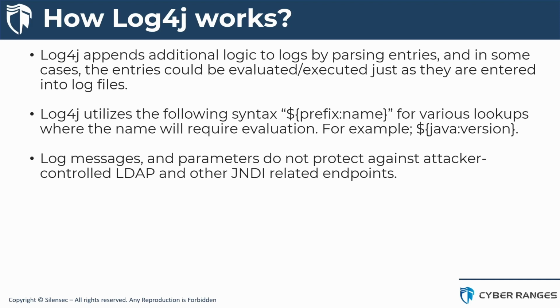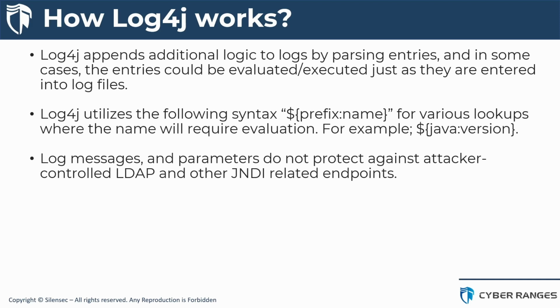So Log4j essentially utilizes the following syntax, where you have the prefix and the name, a key pair for various lookups. This is an example of the logic that you'll typically see being appended to specific logs.